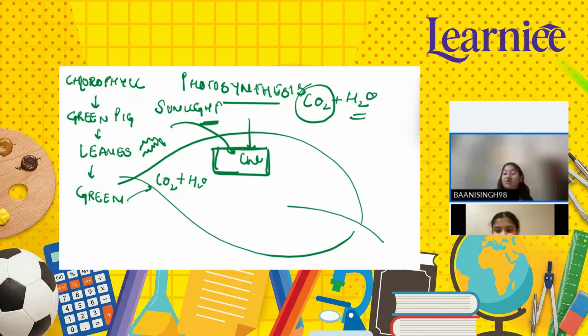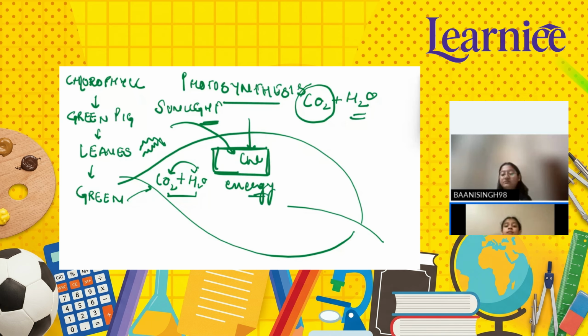So what happens now? Listen carefully. This is something very important, Naira. Carbon dioxide and water, both of them react with each other. For any chemical reaction to take place, some sort of energy is required. Don't you think so? And what is going to be that form of energy?